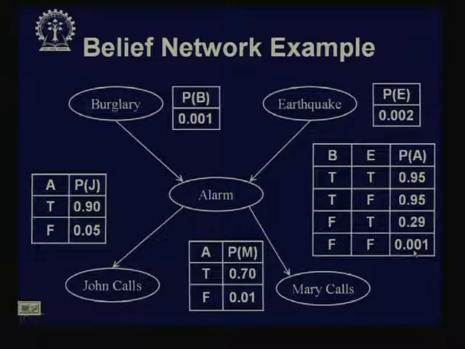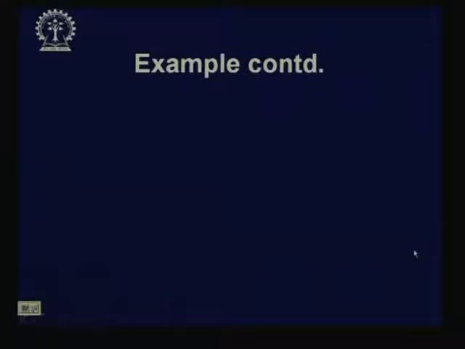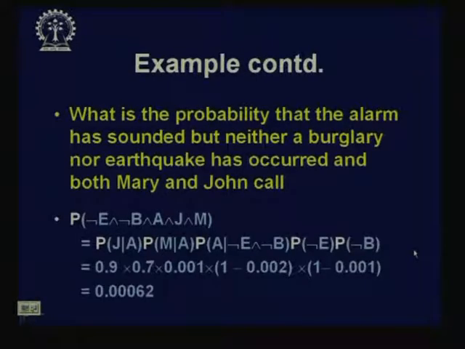This figure I will have to take, and when I take this joint, I have to take 1 minus 0.002. That is the probability of not E, because the probability of E was 0.002 and the probability of burglary was 0.001.